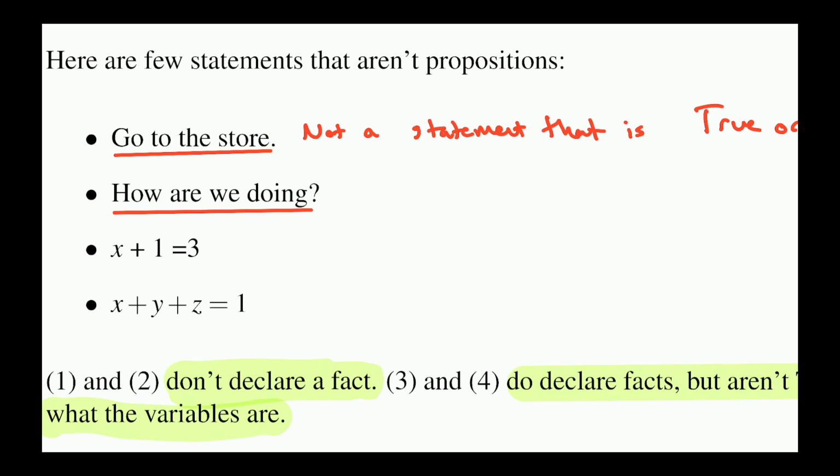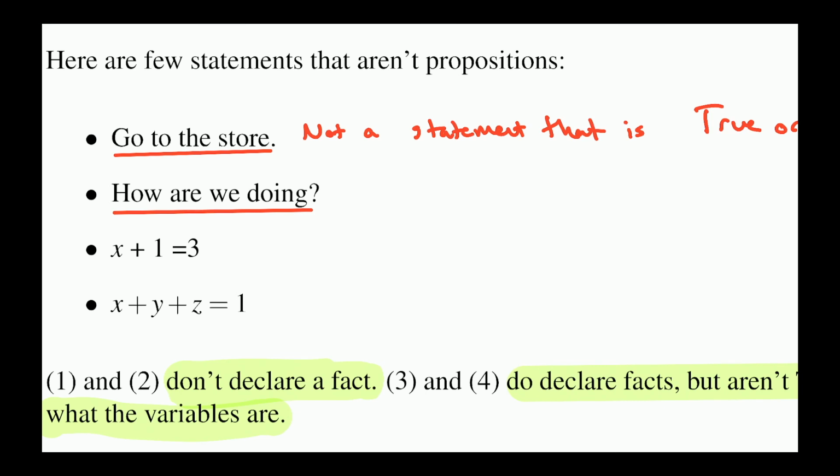Now, if I said you went to the store, or if I said you are going to the store, then that would be a proposition. If I say you are going to the store, that could be true if you are going to the store, or it could be false if you're not going to the store. But you are going to the store is still making a statement about a fact.